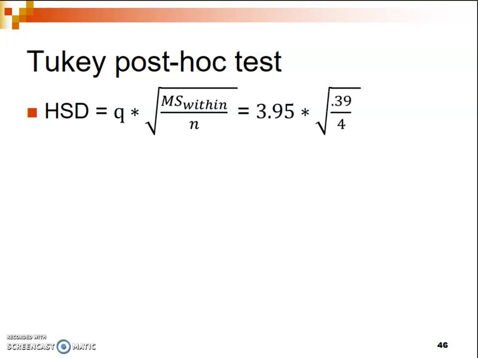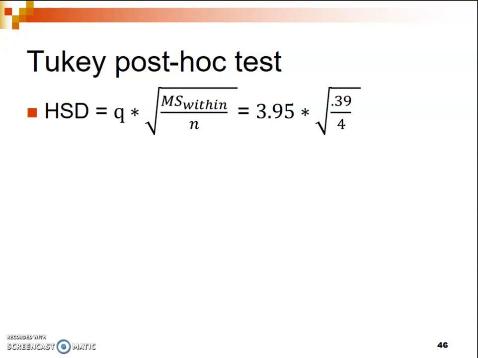We'll multiply 3.95 by the square root of the division between our MS within, which was 0.39, divided by our little n. Little n is the number of people in each group. Since that has to be equal, and it was equal in this study, we have 4 people in each of our 3 groups, so little n is 4.